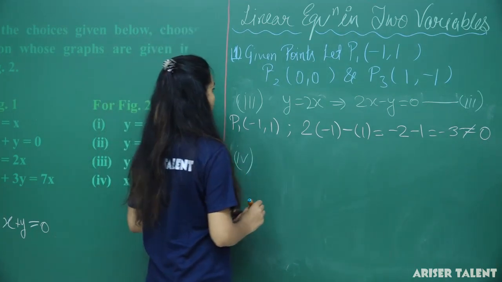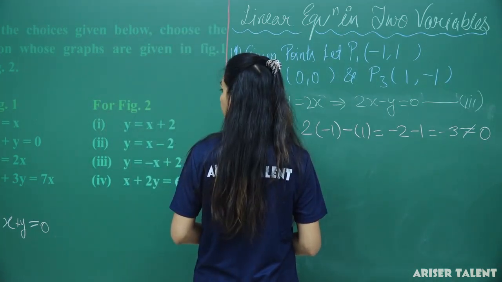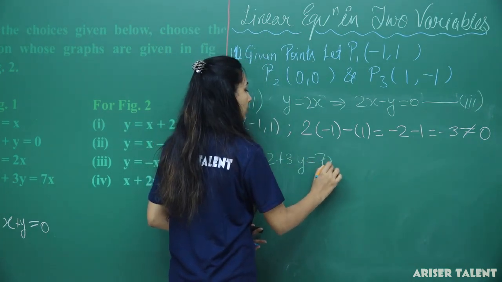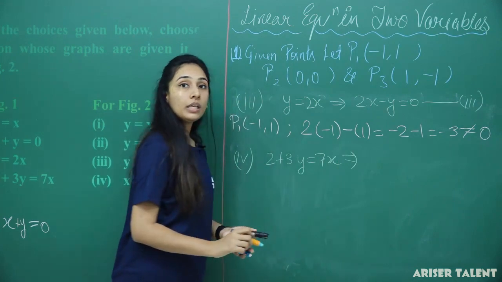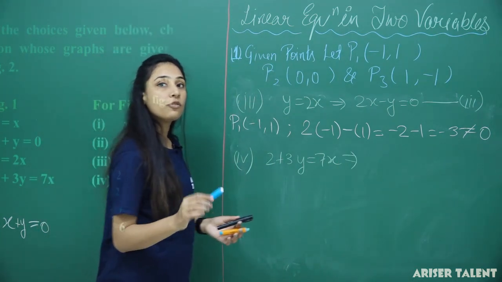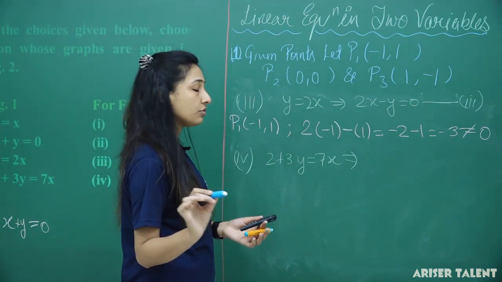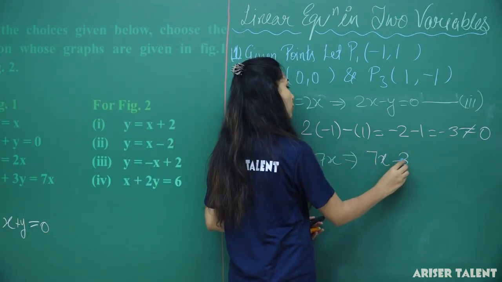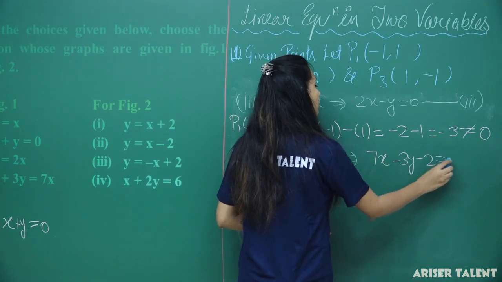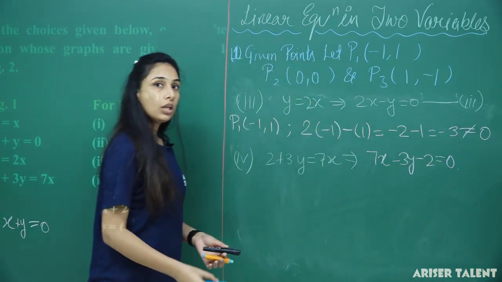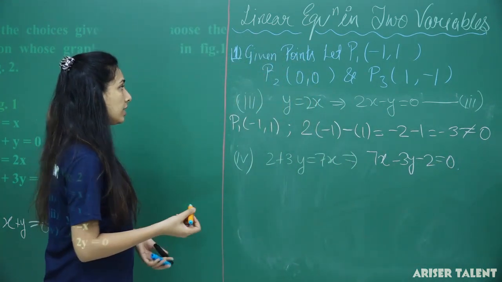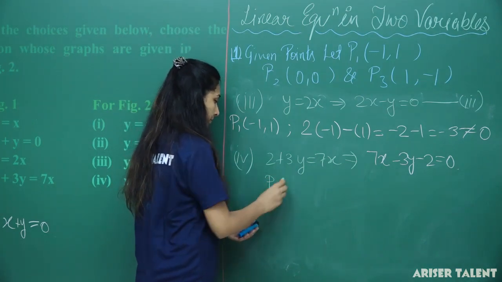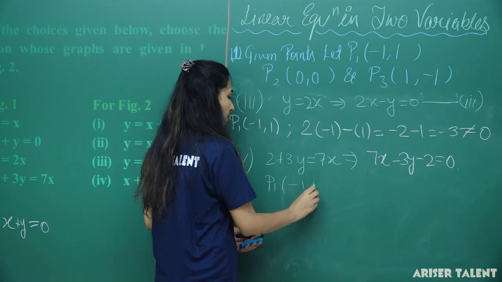About the fourth one. Fourth one is what? 2 plus 3y equals to 7x. Now this kind of equation can be written in the standard form ax plus by plus c equals to 0, and that will be 7x minus 3y minus 2 equals to 0. Now what I have to do? Just put the values of P1, which is what? Minus 1 comma 1.